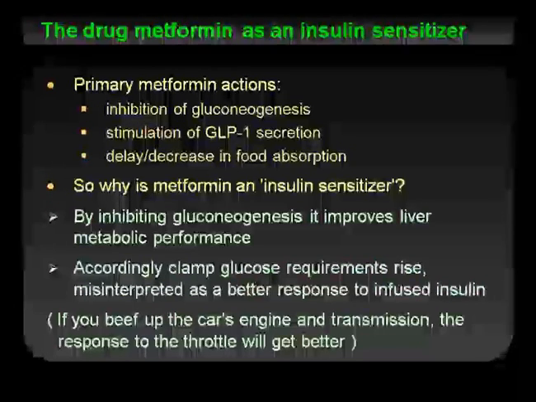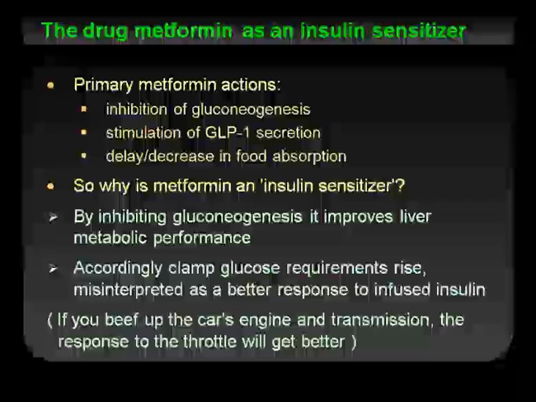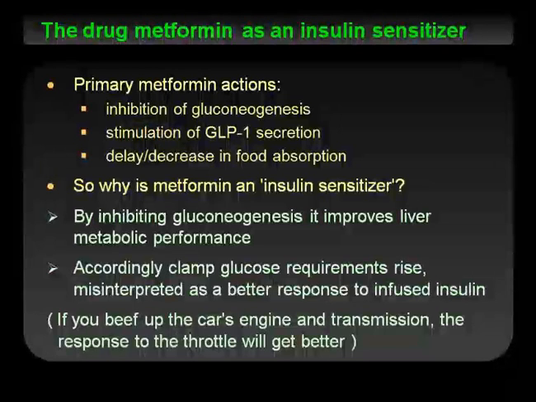We get misinterpretations as a result of all this, as well as talking about insulin sensitivity. Some people mistakenly talk about metformin as an insulin sensitizer. We know its primary mechanism of action is on gluconeogenesis, more lately worked out in terms of fatty acid transport and AMPK. We know it stimulates GLP-1 secretion.